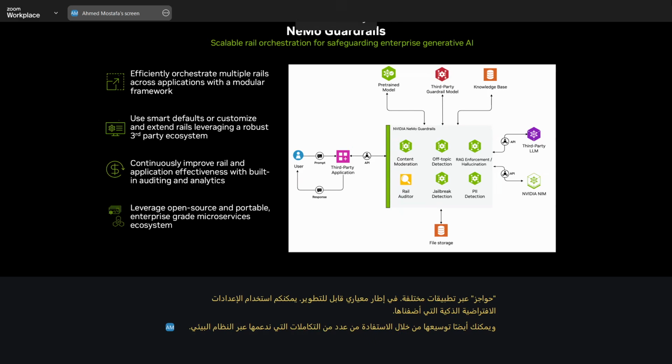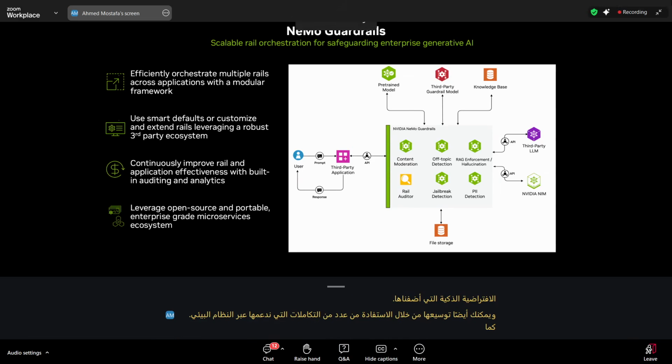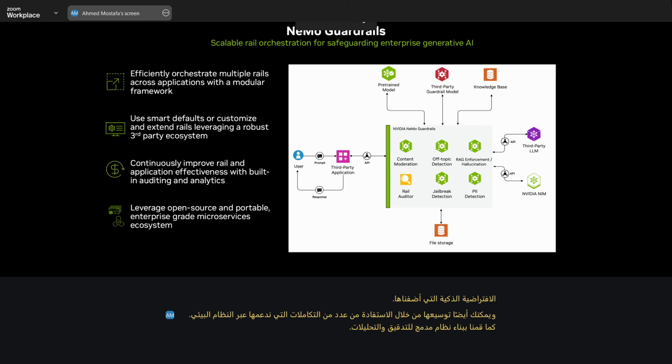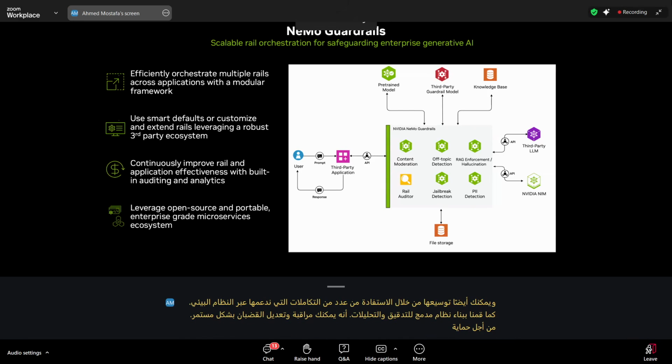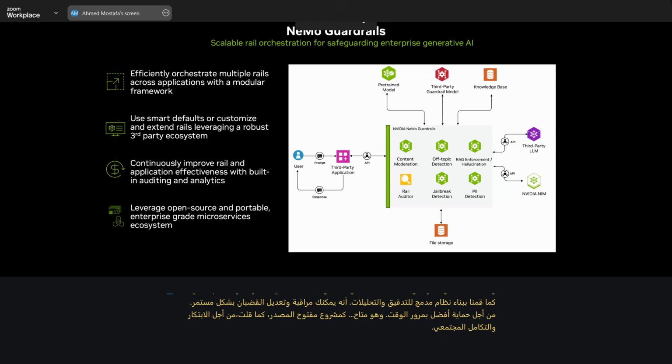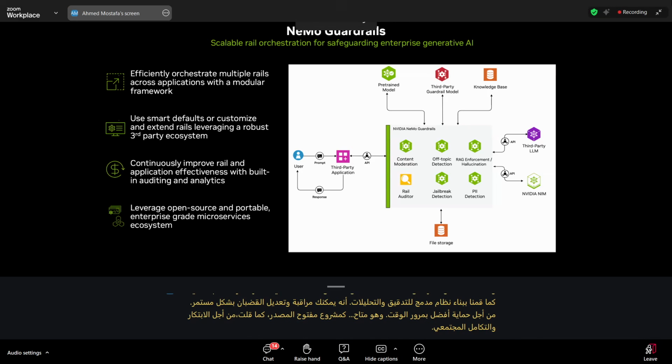We also have built-in auditing and analytics that you can use to continuously monitor and adjust the rails for better protection over time. And it's available as an open source project, as I said, for community innovation and integration. And it's also available as an enterprise-grade microservice that you can run literally anywhere, on-prem, hybrid, or in multi-cloud.